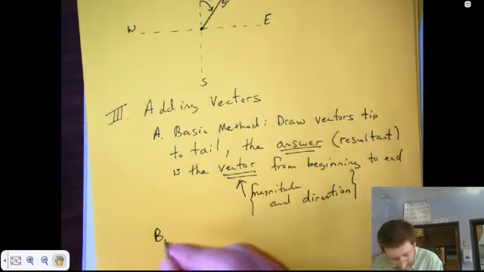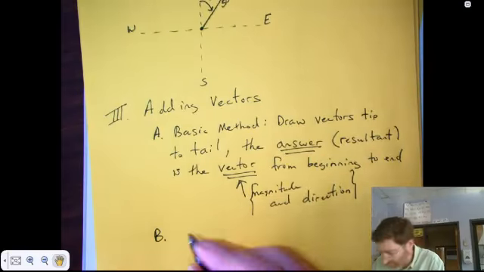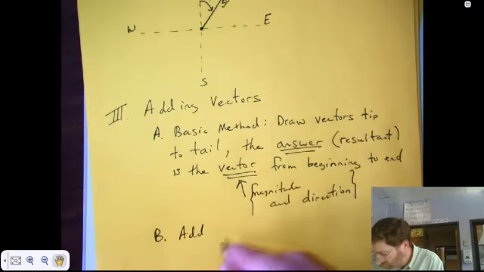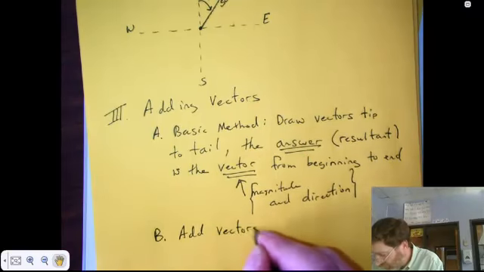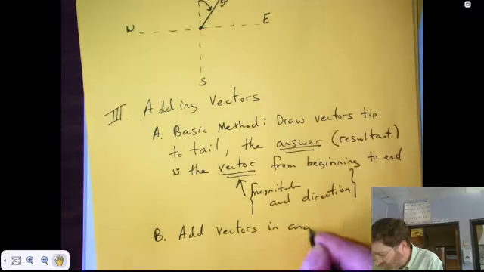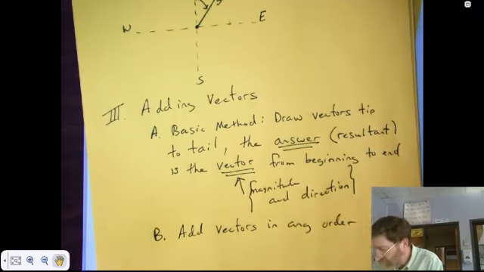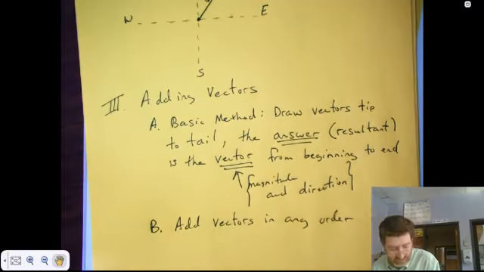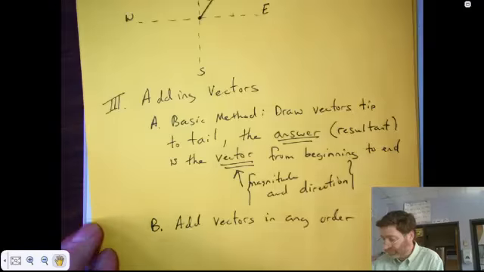The other thing to remember, when you add vectors, you can add them in any order. So they can be added in any order. The order doesn't matter when you add vectors. So let's run through, I think, one quick, easy example.